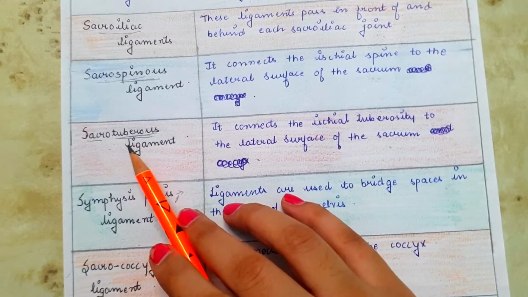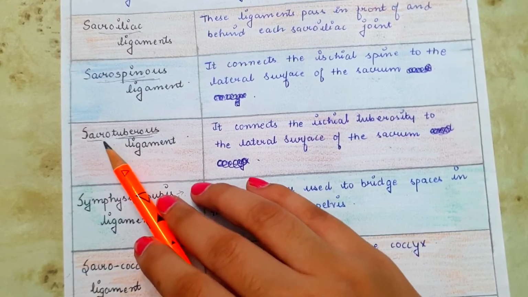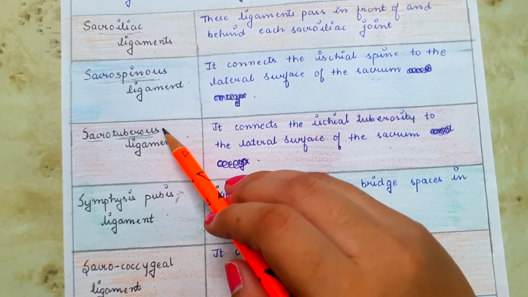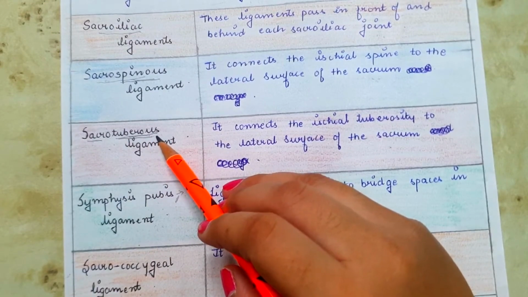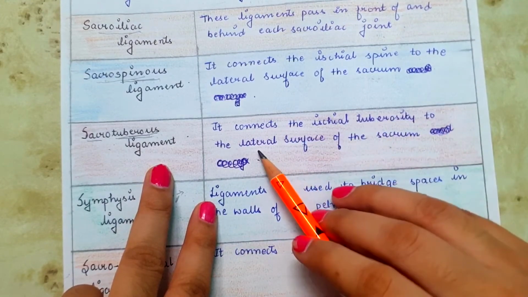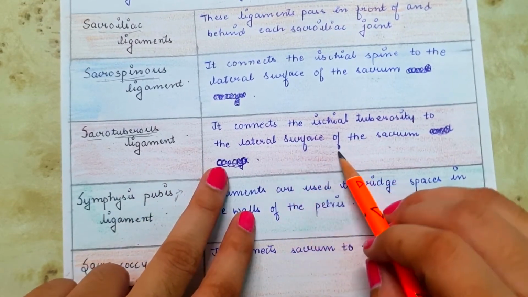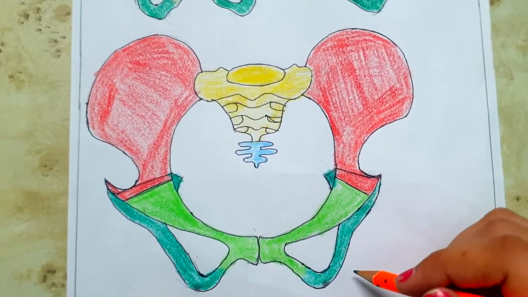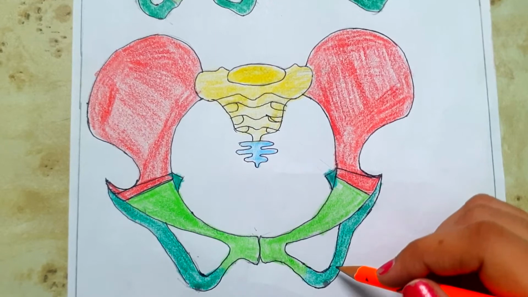Next is the sacrotuberous ligament. As the name suggests, the word sacro indicates the sacrum and the word tuberous indicates the ischial tuberosity. So this is the ligament which connects the ischial tuberosity to the lateral surface, or the sides, of the sacrum. Now where are the ischial tuberosities located in the pelvis?